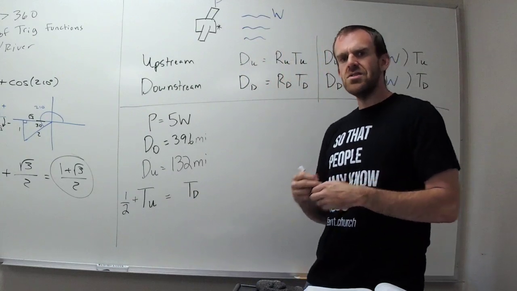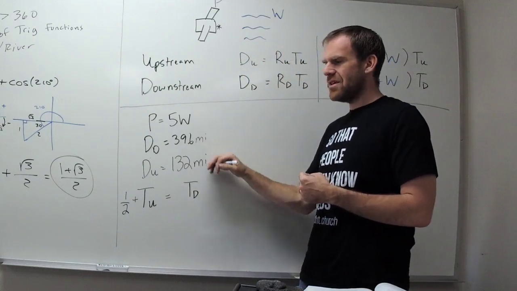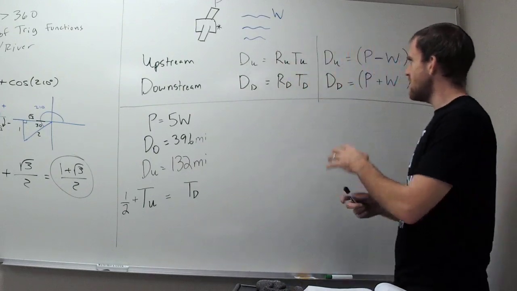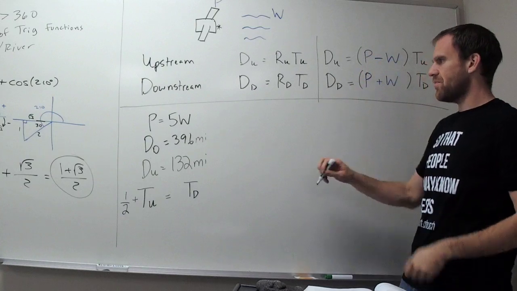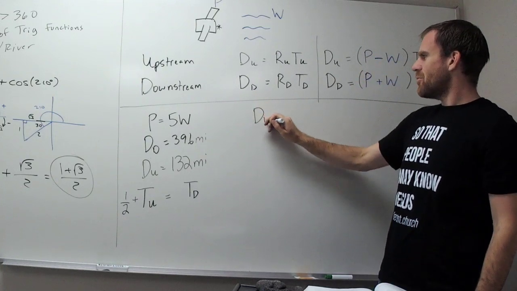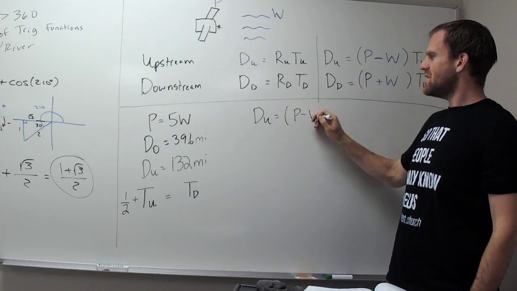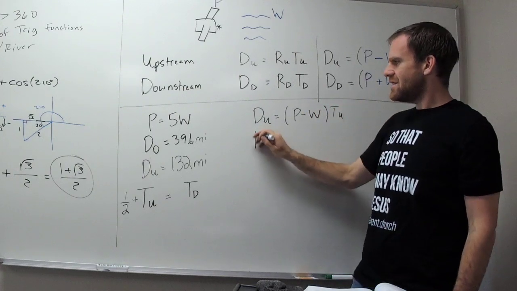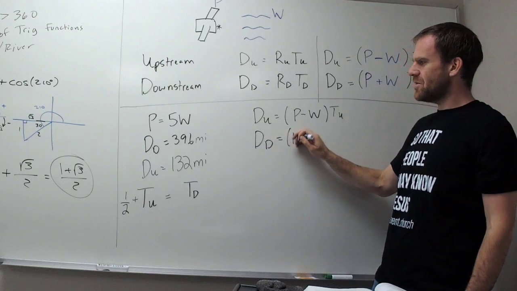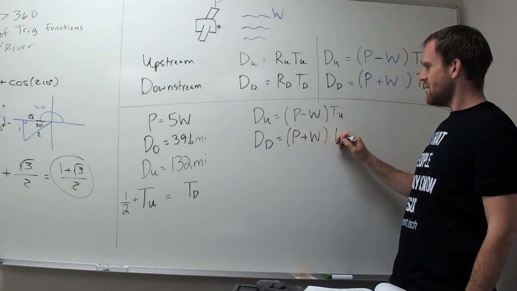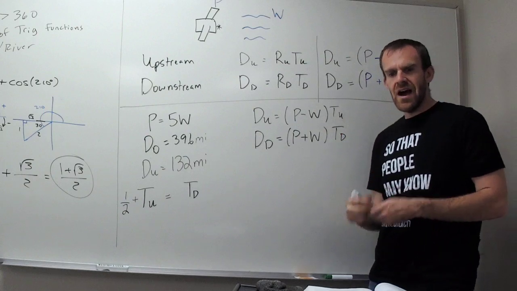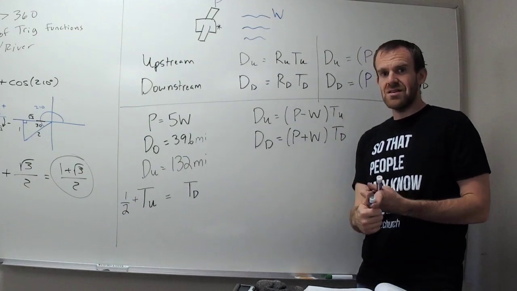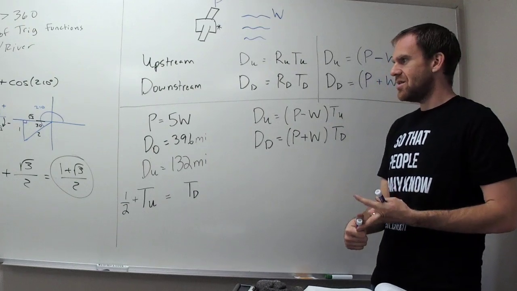Okay? Once you've read the problem and pulled out the equations and the information that you can find, we're going to use these two equations for the problem. So distance upwind equals plane minus wind times time upwind. And distance downwind equals the plane plus the wind times time downwind. Now from here, you're going to solve these equations as you know how, either using substitution or elimination.